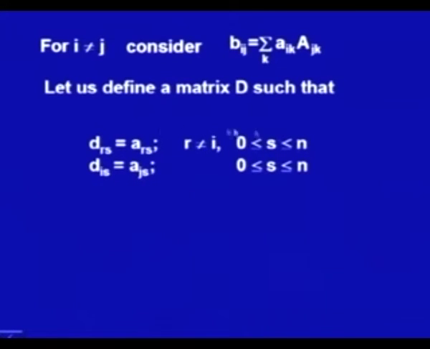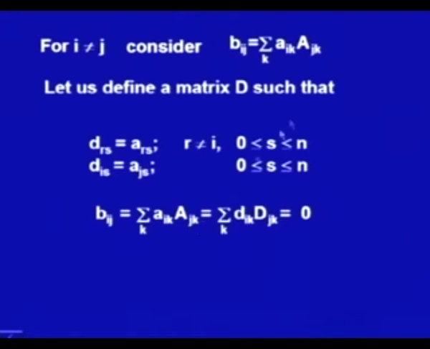That is how we define a new matrix D. Now, this means that Bij is equal to Aik, Ajk summed over k, which is equal to Dik into Djk. Why am I using Dik? Because Aik is equal to Dik by the definition here, and Ajk is equal to Djk. What is Ajk? Ajk is the cofactor. So, this is the same as Djk.